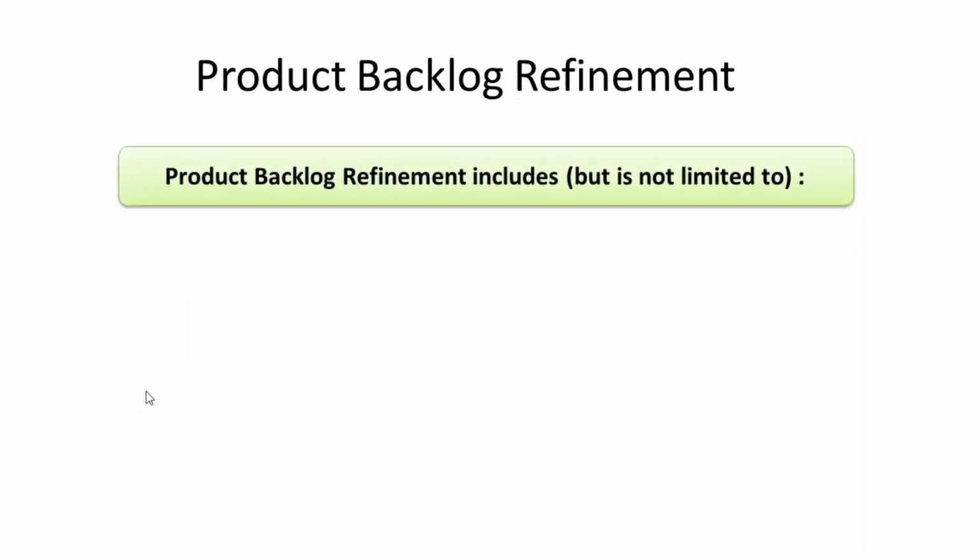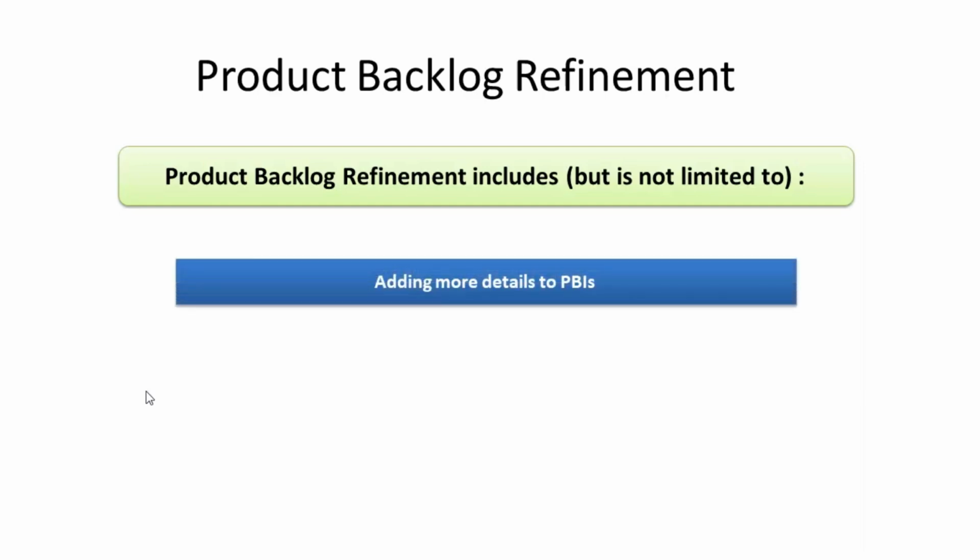The product backlog refinement involves detailing, ordering, and sizing and estimations. It is a collaborative effort of the product owner and the developers. The product backlog refinement includes but is not limited to adding more details such as description, order, and size to the product backlog items.